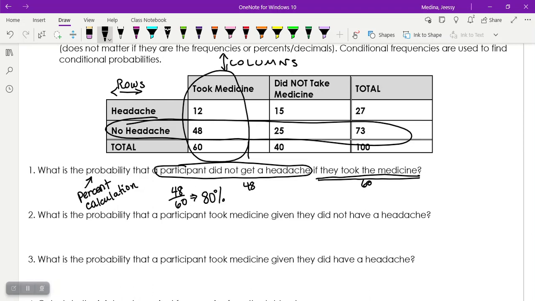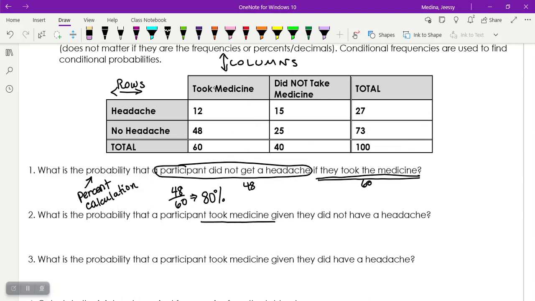All right, so this is the thing. Conditional probability is difficult because sometimes students aren't able to decipher exactly what they're asking you, okay? What part are we saying we don't get? Well, I said participants took medicine. So that's how I chose. It says here took medicine.